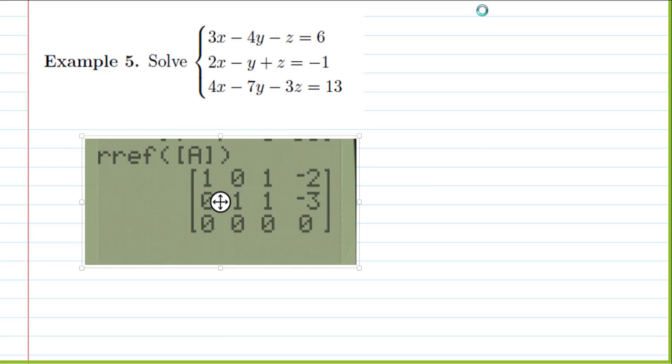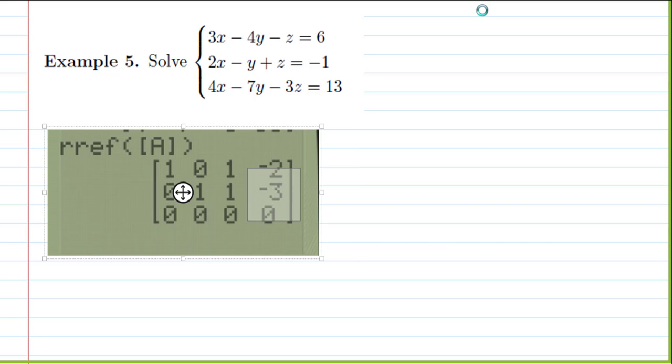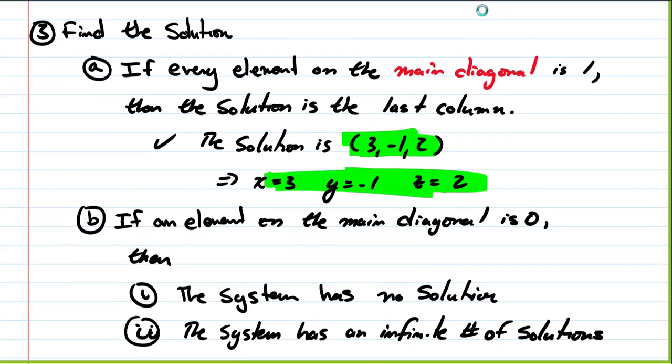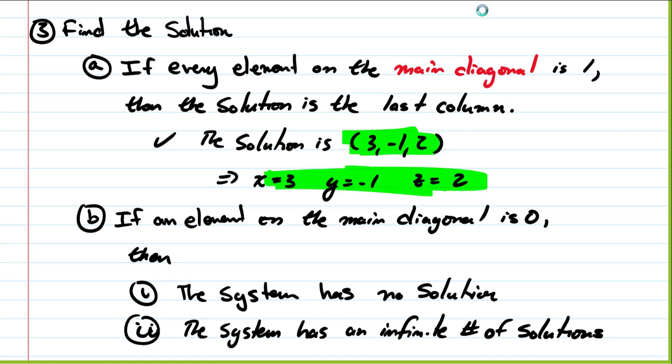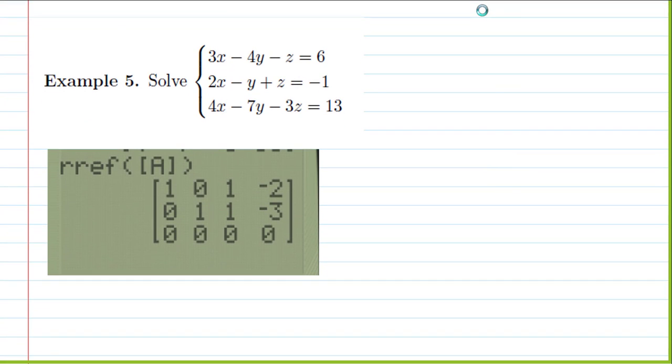So this time, after I reduce my matrix, we notice something a little bit different happened. So up here, it said if every element on the main diagonal is 1, the answer is the last column. So we look at our main diagonal, 1, 1, 0.